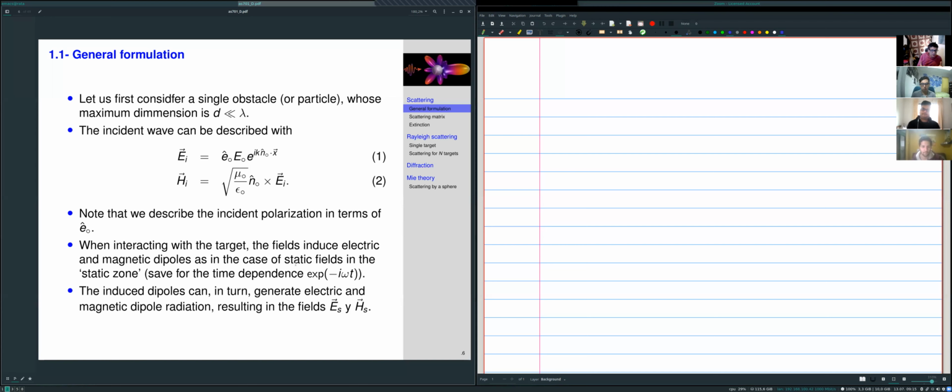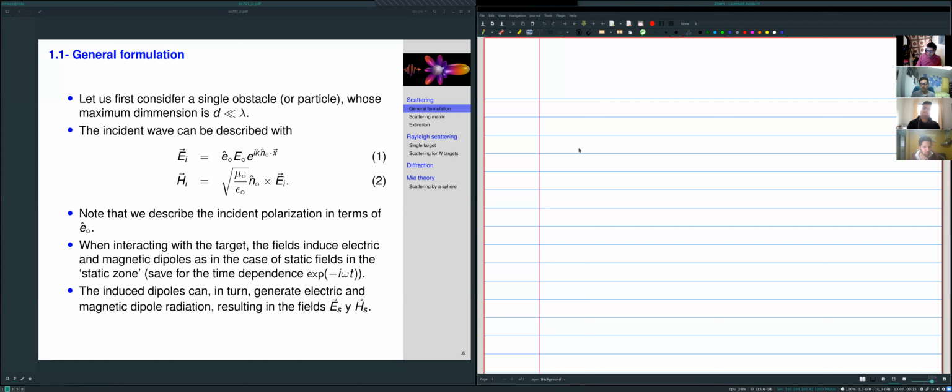This induces electric dipoles. They generate currents, microscopic currents. And so this interaction is described exactly the same as in electrostatics, when the dimensions of the target are much less than the wavelength.